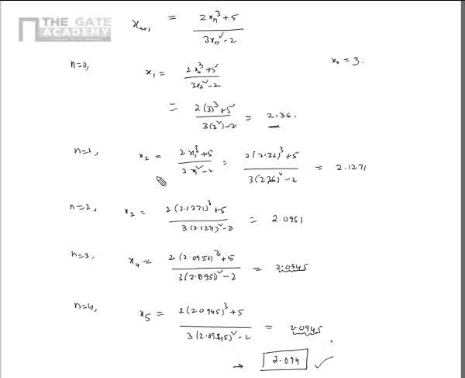Then we saw the method of false position, where the idea was to join 2 points on either side of the root, look at the x-intercept of the chord joining the end points, and then check on either side in which interval the root lies.